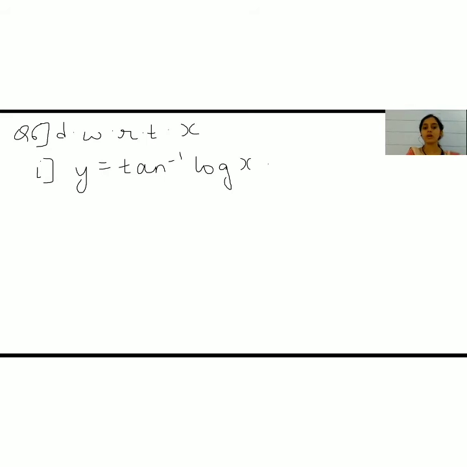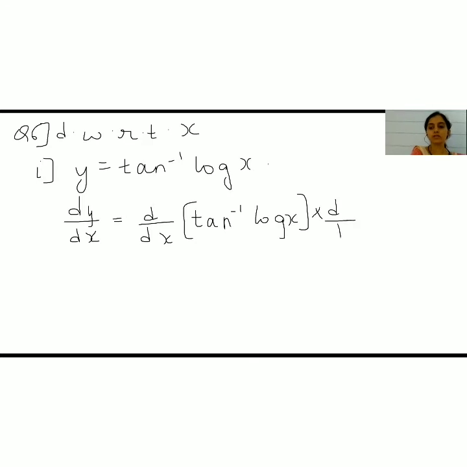Okay, so how will we do this now? So we say dy by dx, differentiate with respect to x, is equal to d by dx of tan inverse function, right? Tan inverse log of x, multiplied by d by dx of log of x, correct?